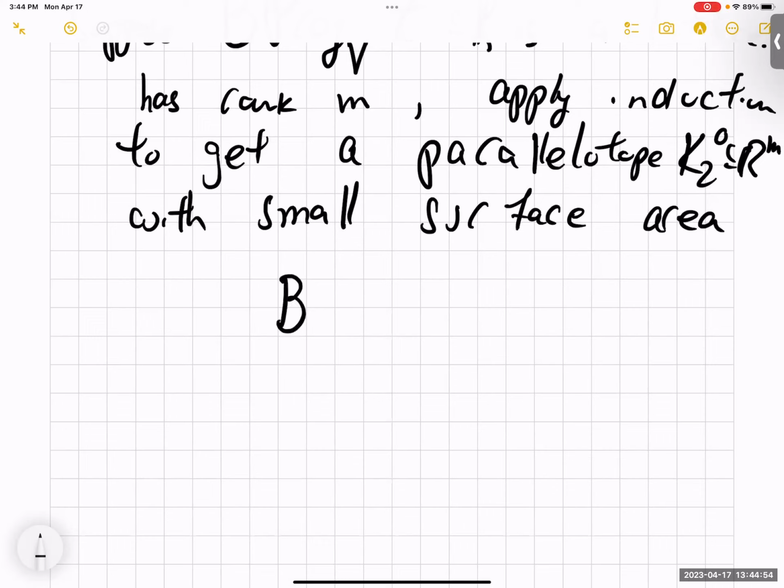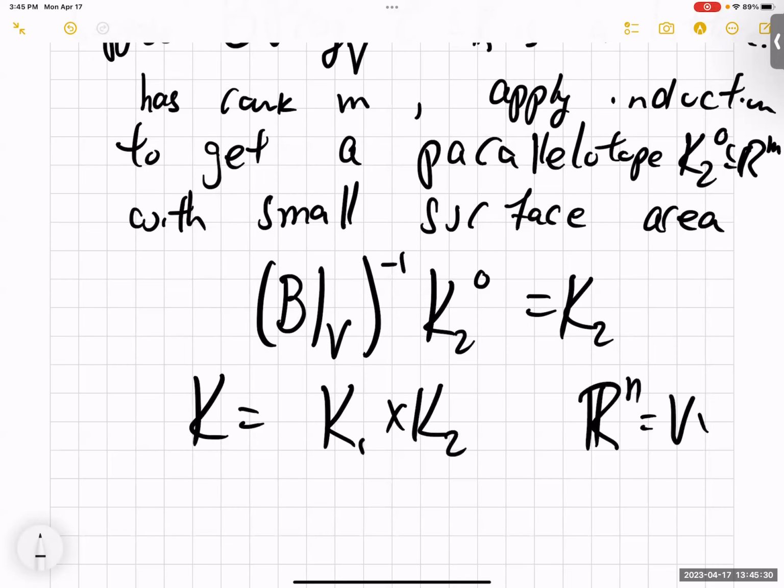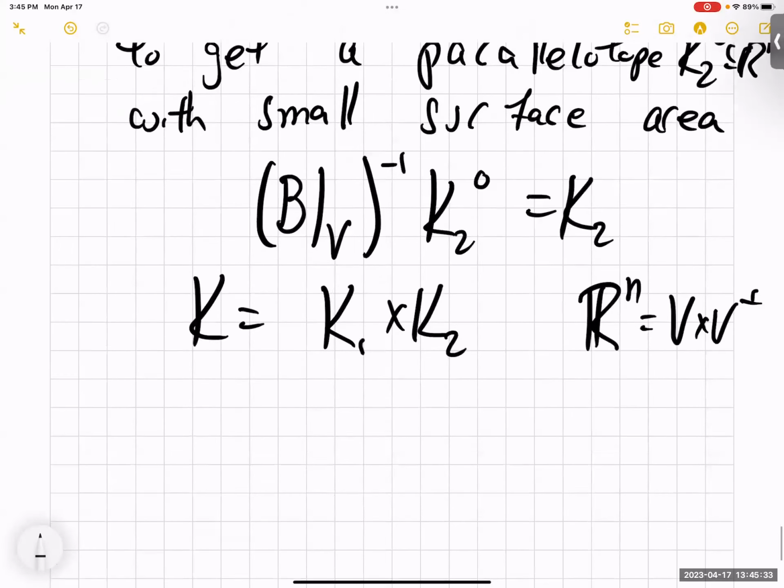So just notice that if you restrict B to V, because V perp was the kernel, this is actually invertible on V. So I can apply the inverse of this to K2. Call this K2. I'm allowed to invert because V was defined to be the orthogonal complement of the kernel. And then take K to be K1 times K2 with respect to the identification over Z^n, V times V perp.